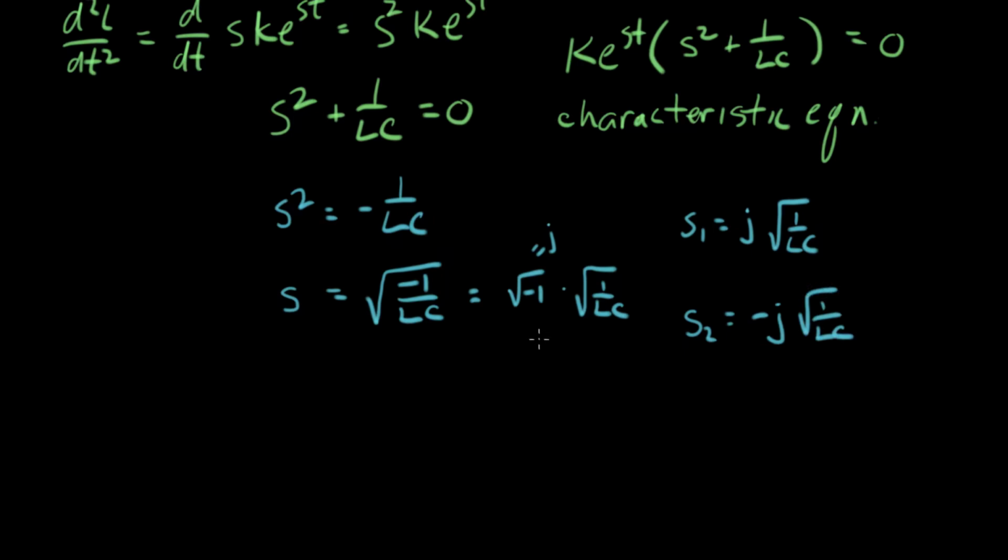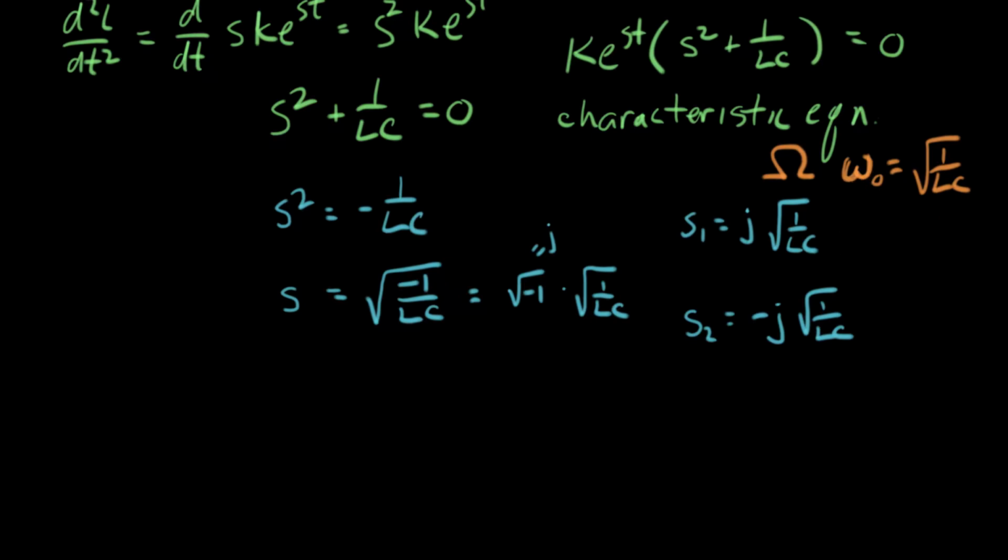So these are two possible solutions to our differential equation. Now I'm going to give a nickname to this expression here because I don't want to write it so much. I'm going to call this omega naught. This is a lowercase omega Greek letter. The capital omega is what we use for ohms, but little omega is often used as this variable here.